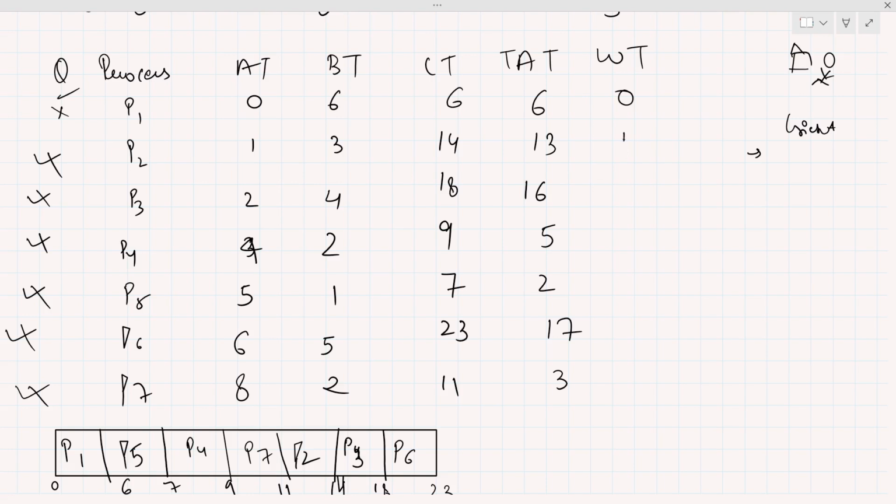After that 13 minus 3 is 10, 16 minus 4 is 12, and so on. This is what the waiting time looks like.